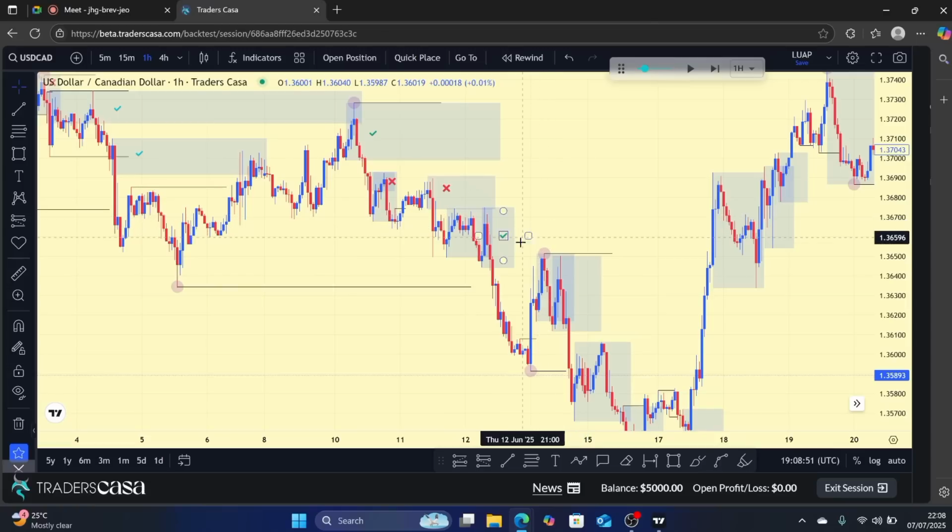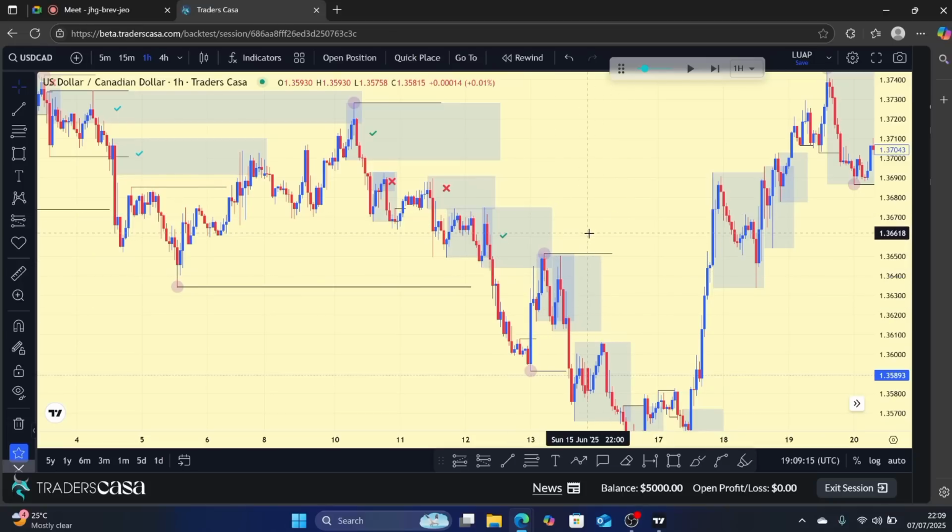That's the reason why you see I'm always talking about the major inducement. But anyway, the next order flow, apart from the one that is unmitigated and on the extreme, is the one that comes right after the inducement is taken out. You can clearly see this is the inducement and it was taken out. Right here, the order flow right after the inducement is taken out is this one. Price gave a rejection from this order flow.